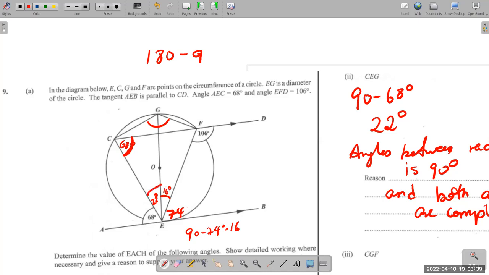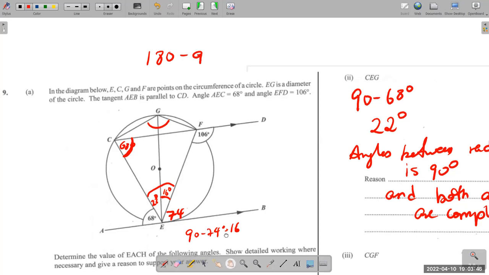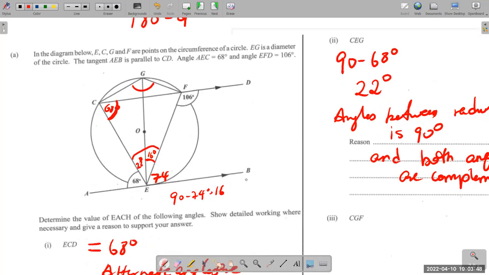So this entire angle here is what? 38? Remember 16 plus 22? How are we getting these numbers? 38, right?